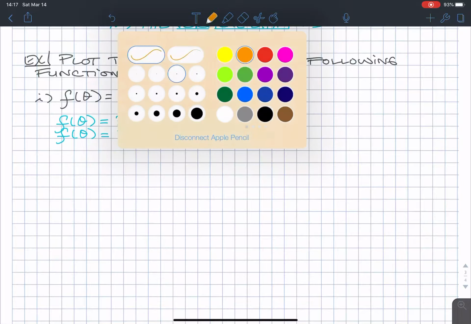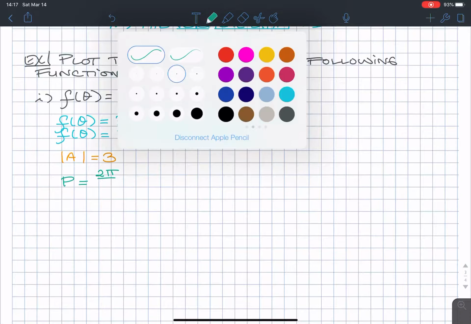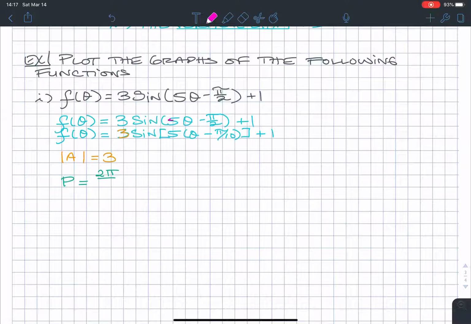Okay, so let's analyze this. The amplitude is the coefficient 3 in front. The period, P, is still 2 pi divided by the coefficient of theta, which is 5.